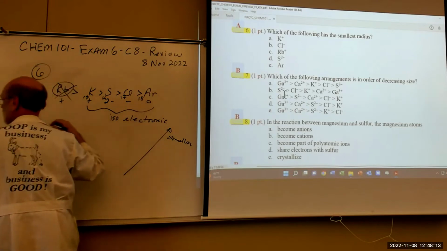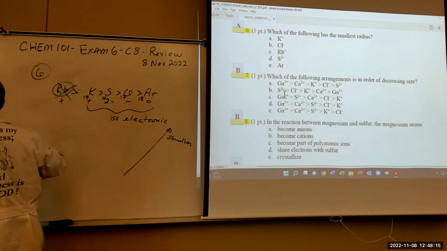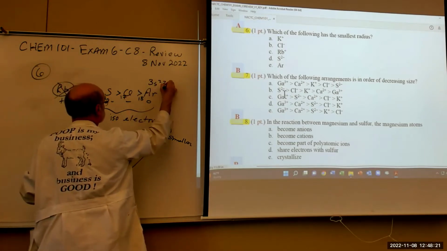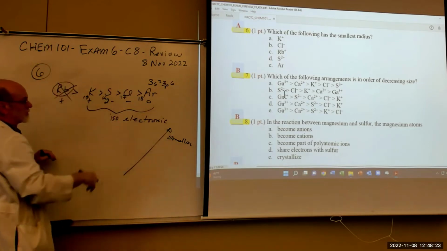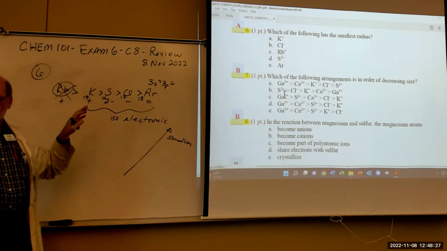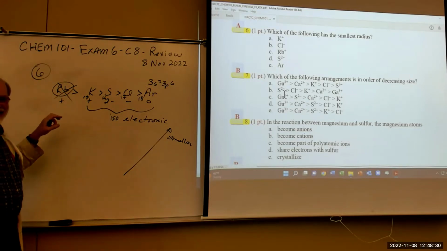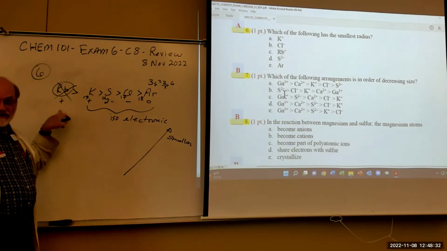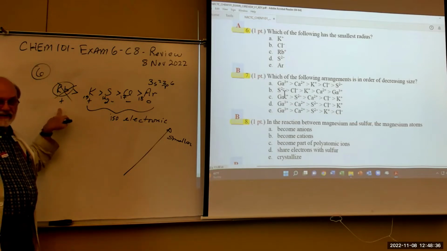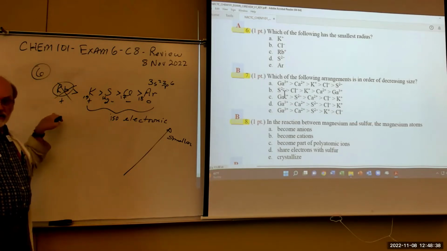And that means that based on argon, it should be 3s2, 3p6. They're all the same. Isoelectronic structure. Okay. Did I lose you yet? Okay. You understand why I got rid of this one? Because it's a higher n number. So it has to be bigger than them no matter what we do to it.